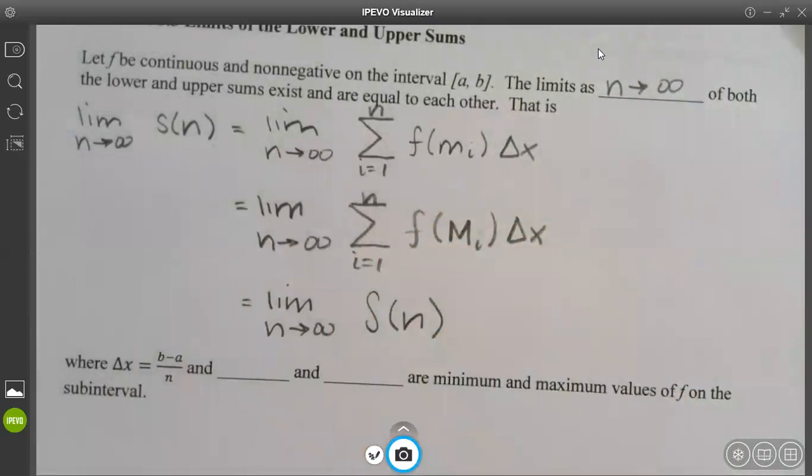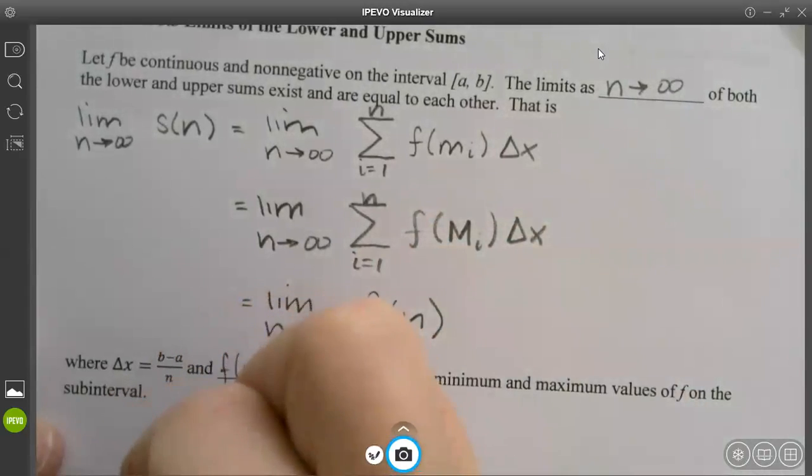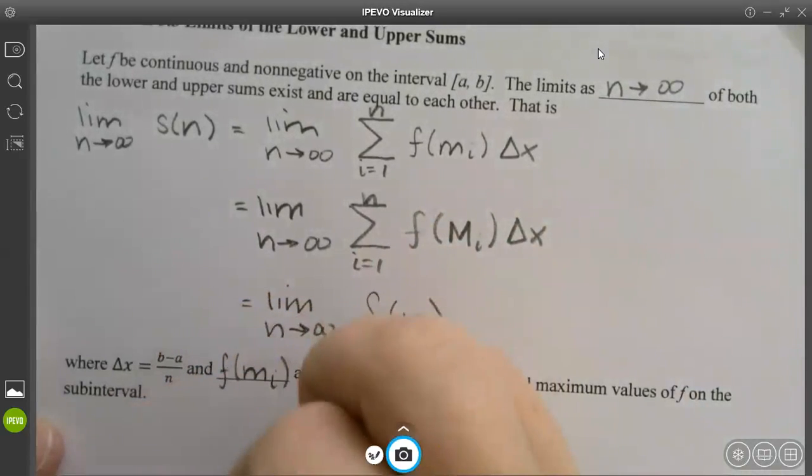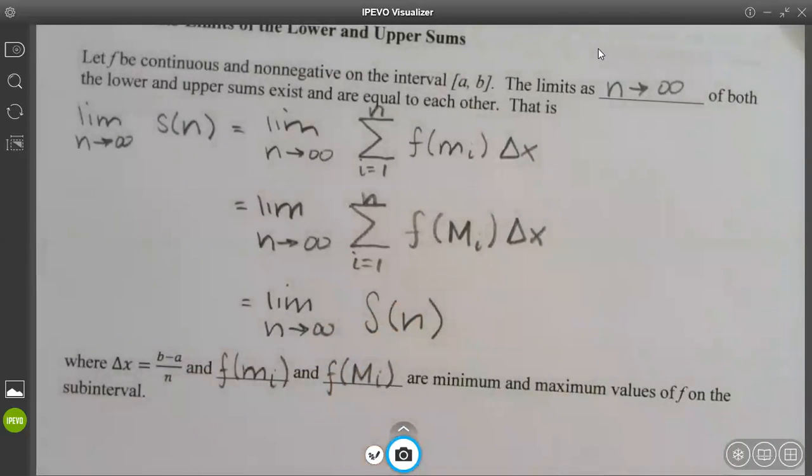So remember that to find delta x, you do b minus a over n. And f of little m_i and f of big M_i are minimum and maximum values of f on the subinterval. So again, all it's saying is the limits should be the same.